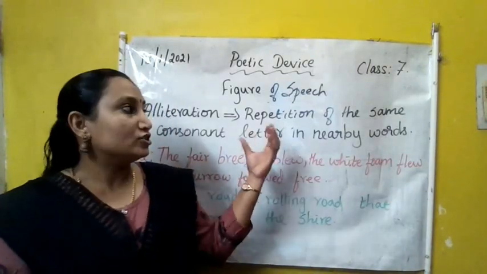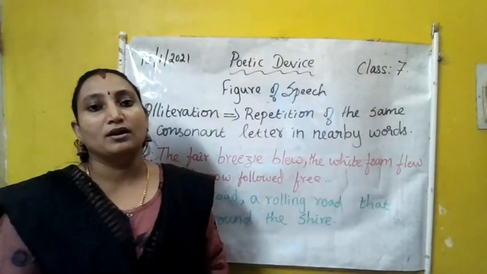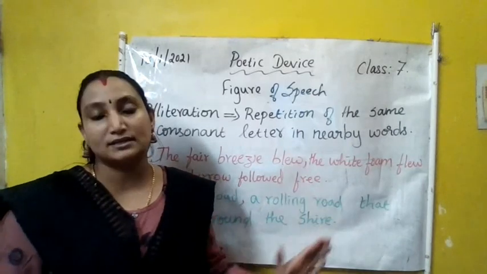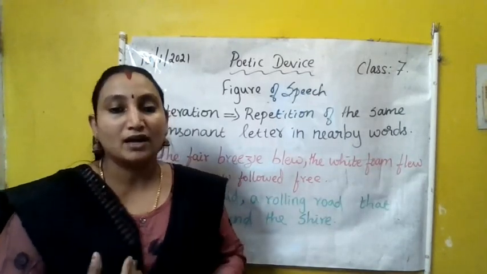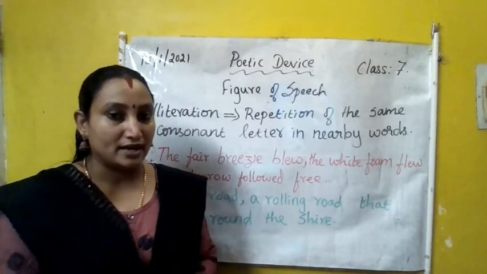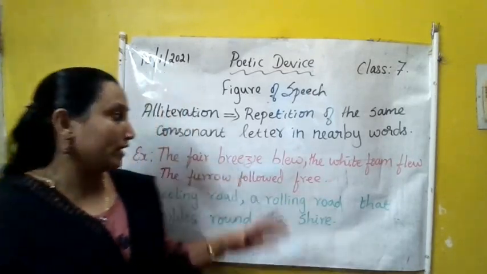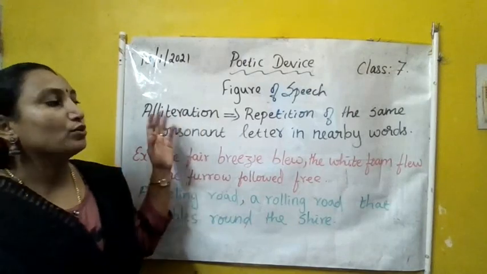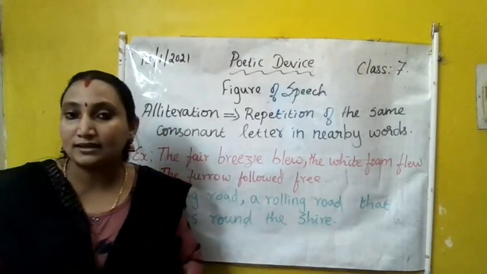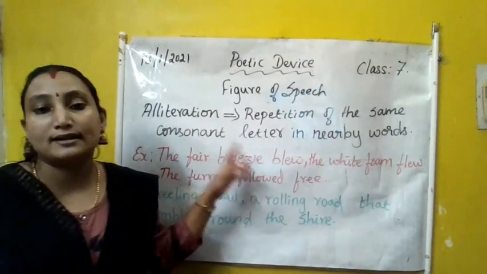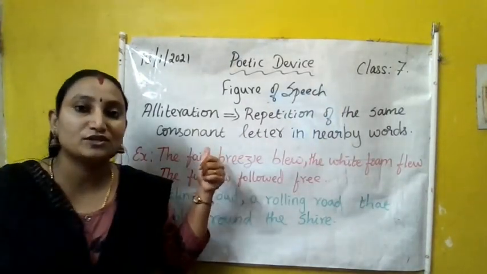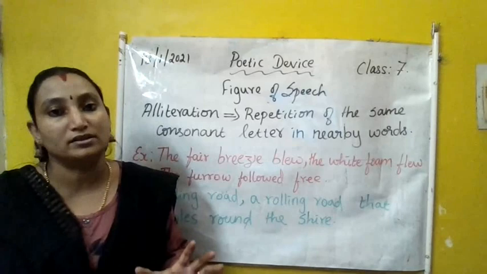Even then, I will just give a few points regarding alliteration. If anybody has a doubt regarding alliteration, you can clarify it after watching this video. So let's see alliteration. What is alliteration? Alliteration is nothing but the repetition of the same consonant letter. First of all, we should know what a consonant and a vowel are, isn't it?